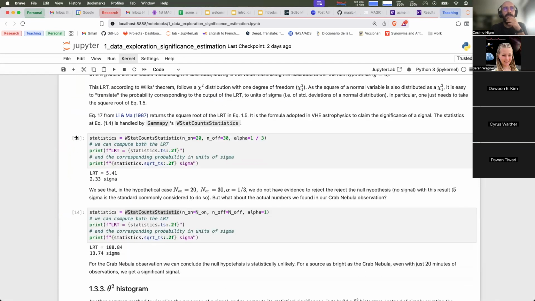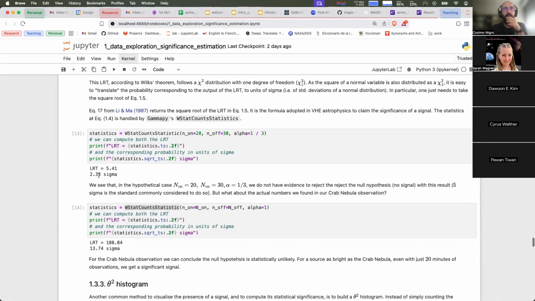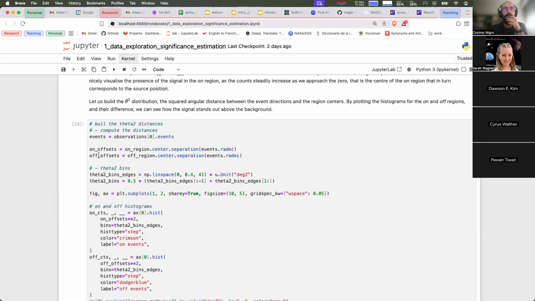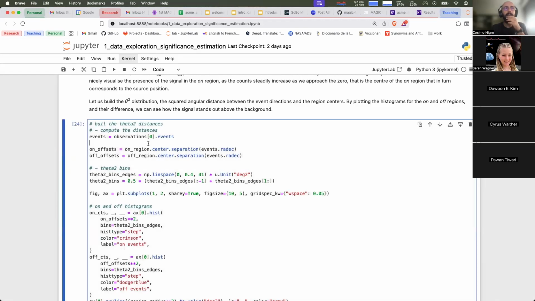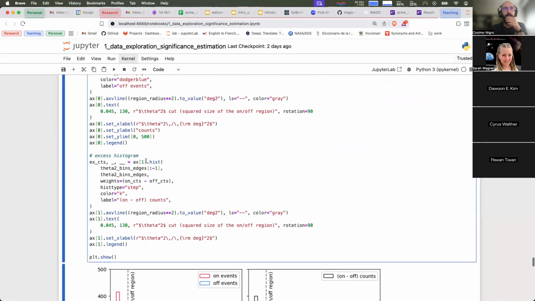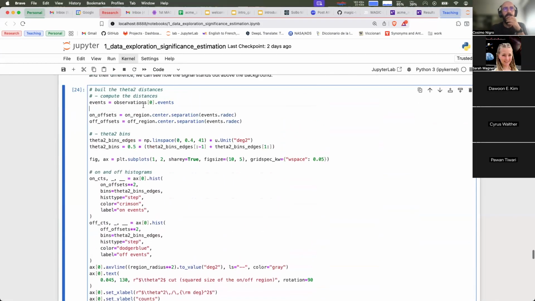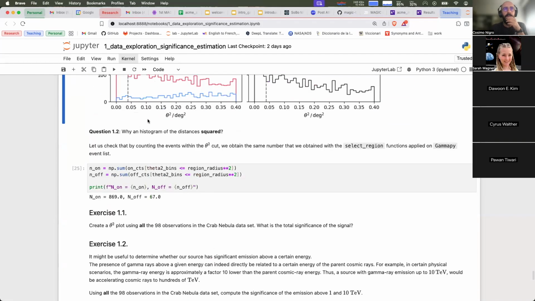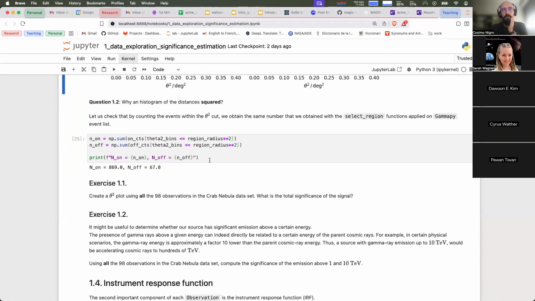Sorry, you meant the cell 13? The coordinate of the on and off. Okay, maybe I changed the on and off region definition. But we got the same number, so that's what I wanted to show.